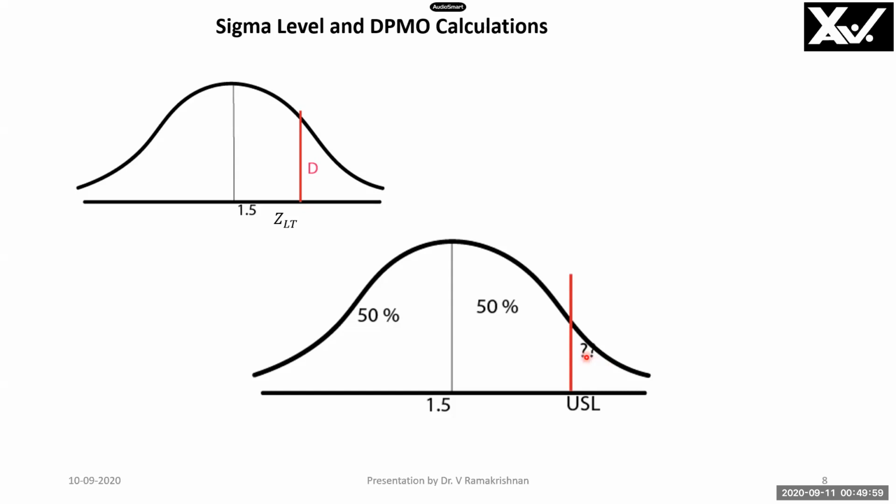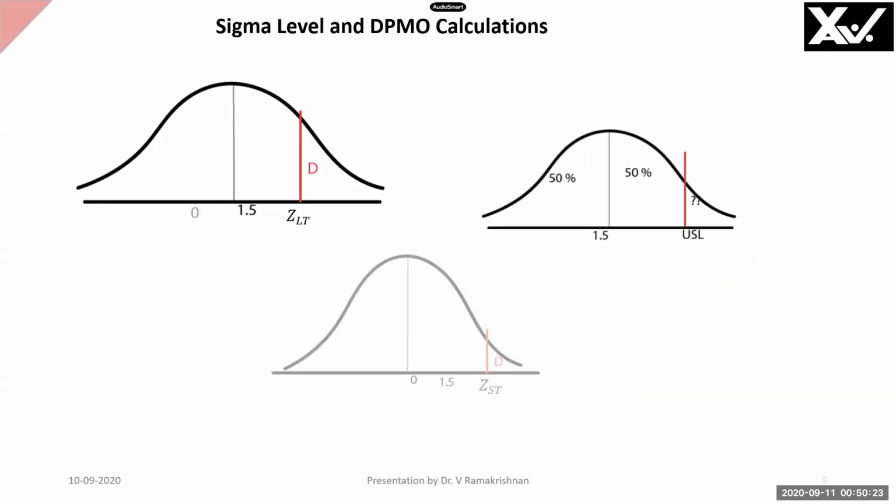The defects are obtained for this particular shifted curve, because that will give you the defects expected after a long time. Our aim is to find the defects after a long time, therefore we are doing the shift here. Now DPMO, p-value, failure rate, percentage defects or percentage defectives are all nothing but the area to the right here.